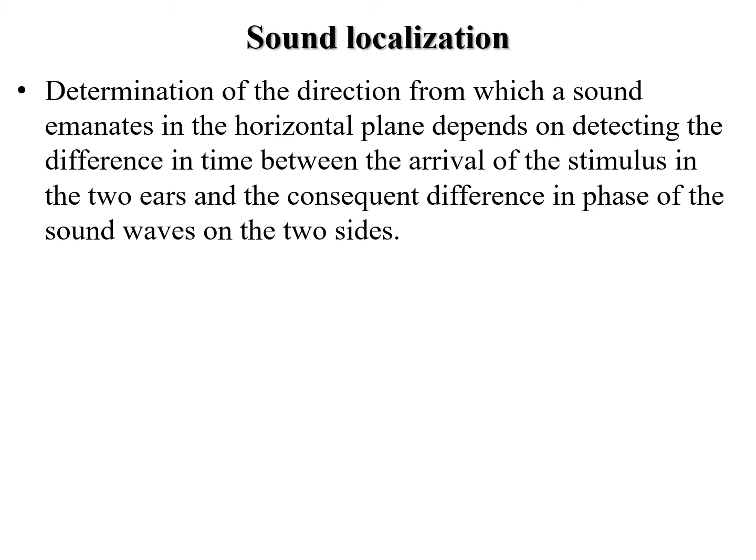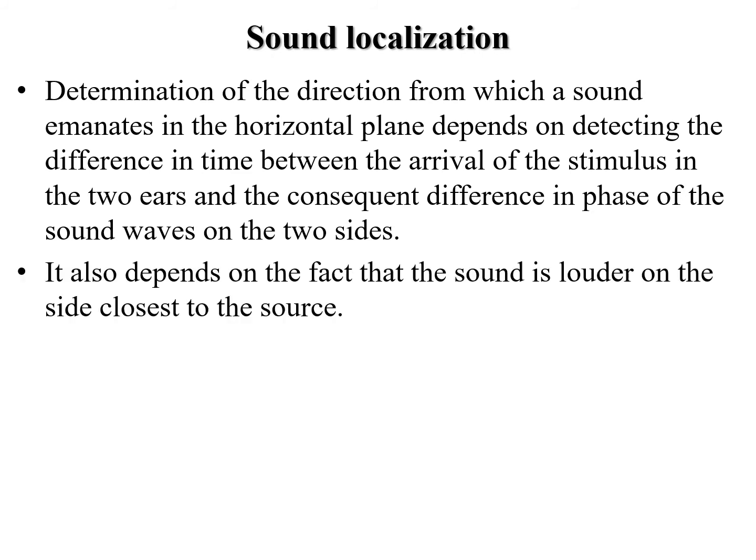So there will be a difference in time between the arrival of the stimulus in the two ears, and there will be a consequent difference in phase of the sound waves on the two sides of the brain. Also, the loudness of the sound will be more on the side which is closest. So the fact that the sound is louder on the side which is closest to the source also helps us to localize the sound.